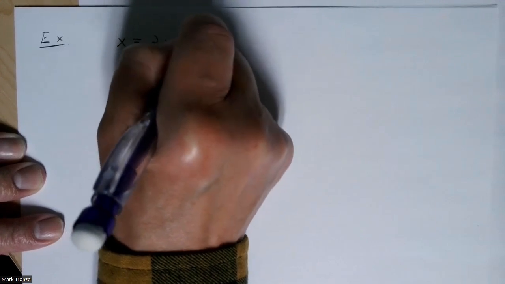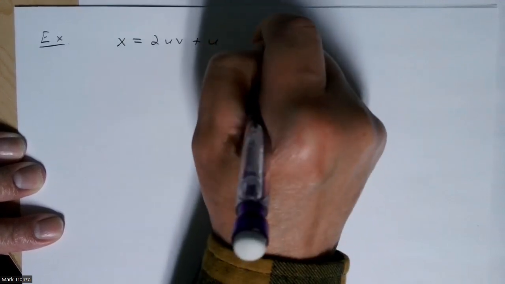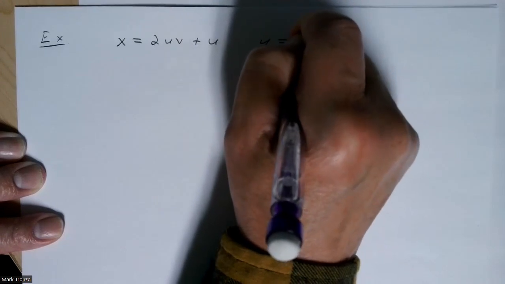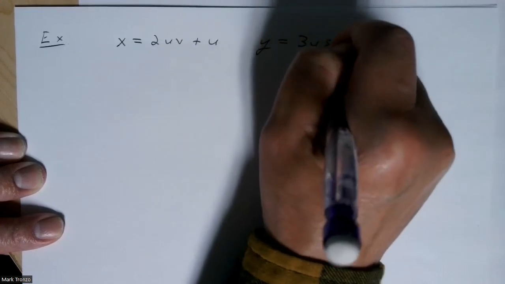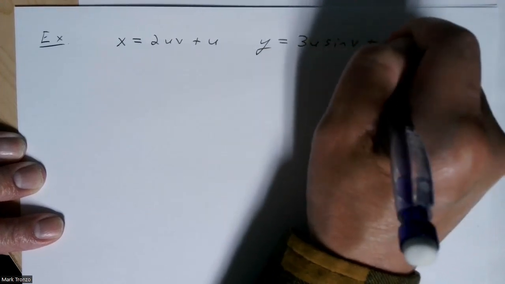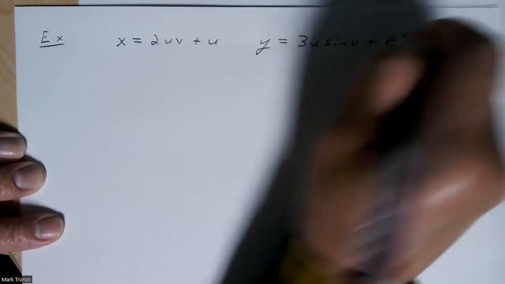Now, in other contexts, your functions might look a little bit different, especially if you're doing change of variables, something like you would do in, say, Calc 3 or multivariable calculus. So, for example, let me do an example here. Let's say you have functions like this, where x equals uv plus u, y is equal to 3u sine v plus e^(v squared).